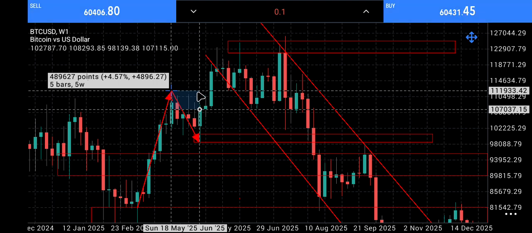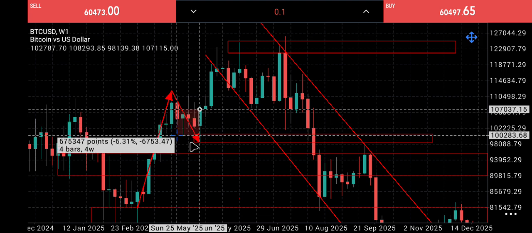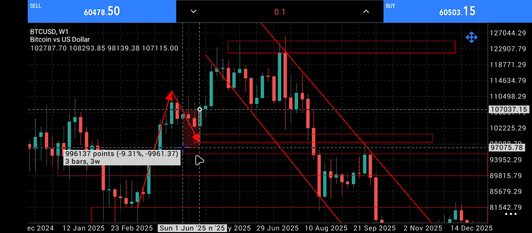So maybe if your buying area was here, if you bought here, that was your entry, then your stop loss would have been at this area, right?